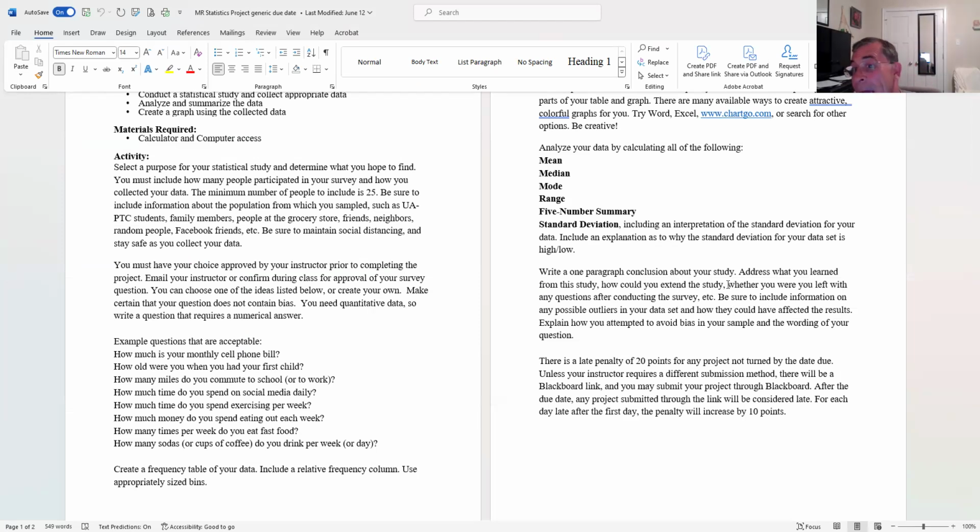Something I could look at on mine that I didn't look at before is, out of all these hours that y'all are studying, who's working a full-time job versus who's not working? Are my people that are working full-time doing less hours because they don't have as many hours to do their work? So, stuff like that, I could extend it.